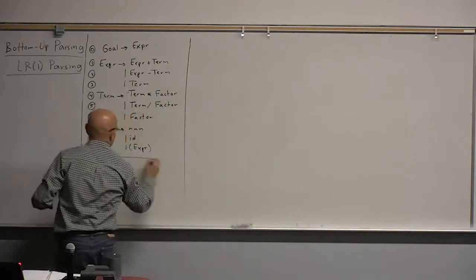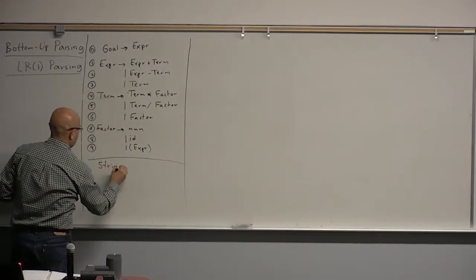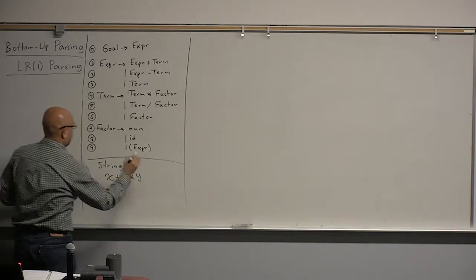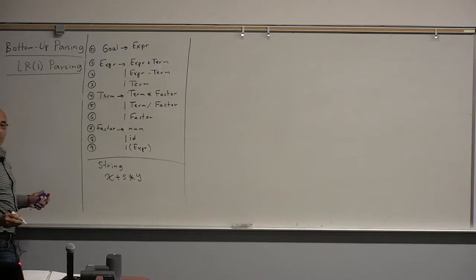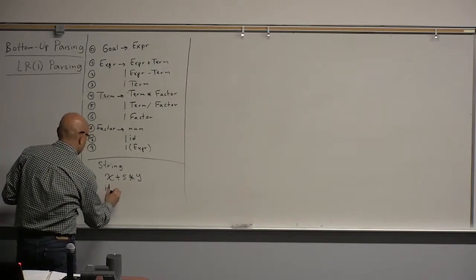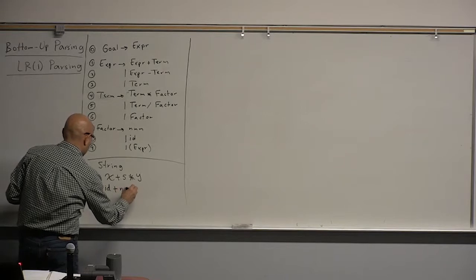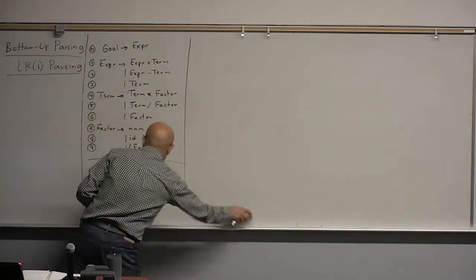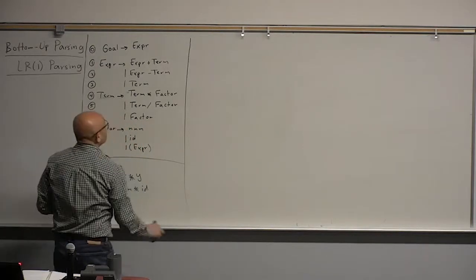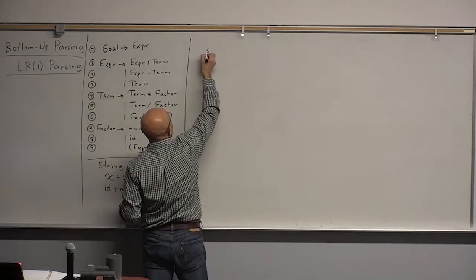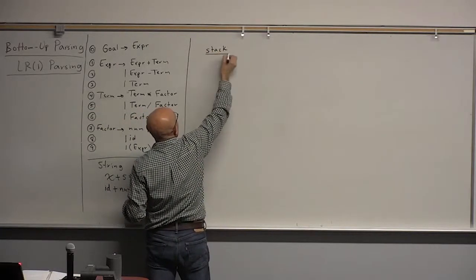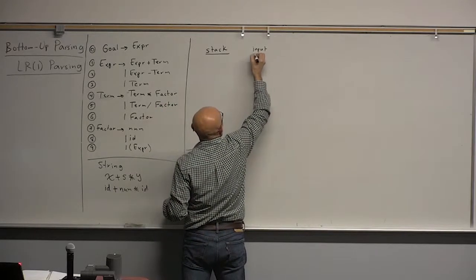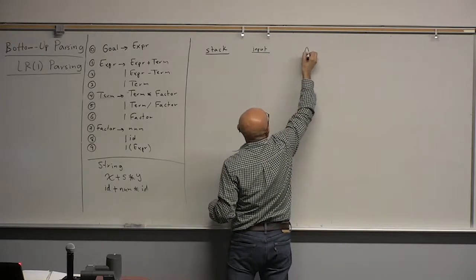So our string is going to be just the string that we used in previous lectures. X plus 5 times y, which is an identifier, plus number times identifier. Or for short, let's say ID. So let's see how we can use this. This is our stack, which is initially empty. This is the input, and this is the action.